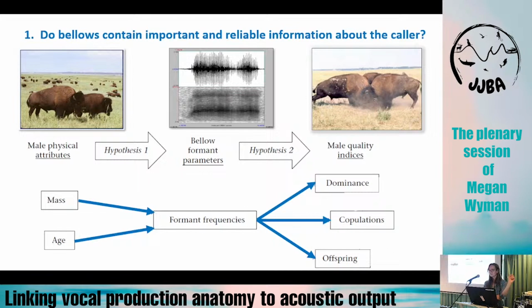Yeah, also, but bison could access mass visually. Exactly. But also for the ones who are far, it could be another signal, the formant frequency, another signal to access the mass. It's a hypothesis, probably the signals that help them to indicate dominance instead of the formant frequencies.